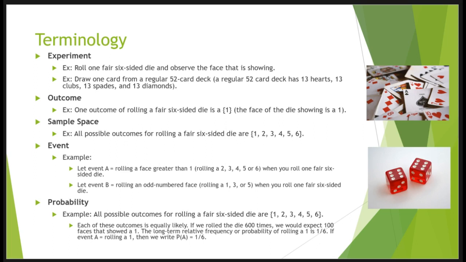If we roll the die 600 times, we would expect 100 faces that showed a 1. So the long-term relative frequency, or probability, of rolling a 1 is 1 out of 6, or 1/6. And we write it the way it's shown here. The probability of A, rolling a 1, equals 1/6, 1 out of 6.